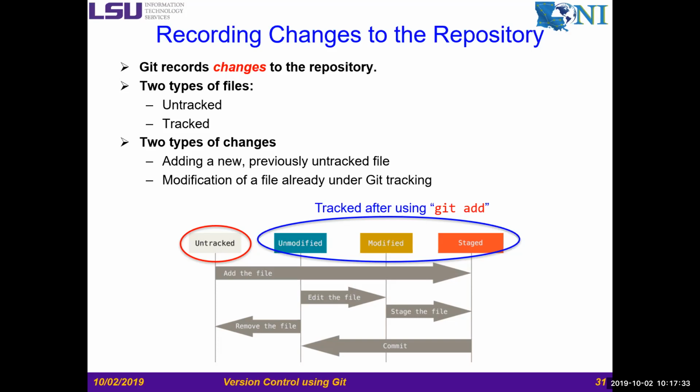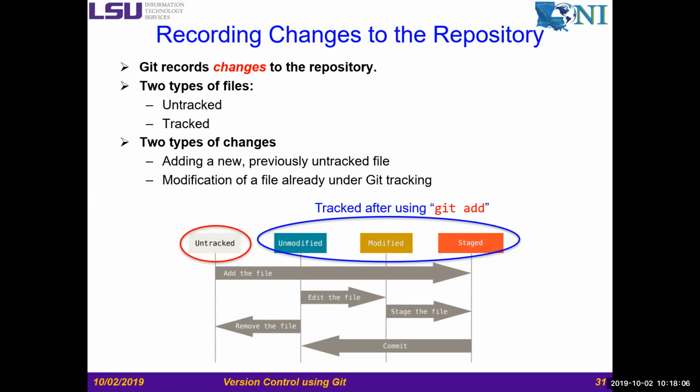And actually there are two types of files in terms of Git: untracked files and tracked files. Easy to understand. First we create a readme.txt and we use git add to add it to the staging area, then we commit it. When we do git add and git commit, we put that file from untracked to tracked.